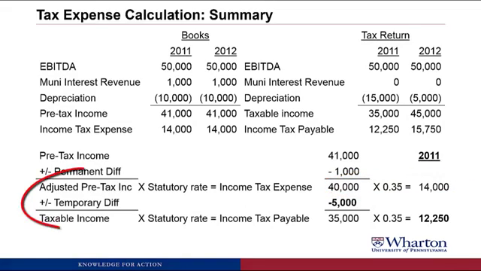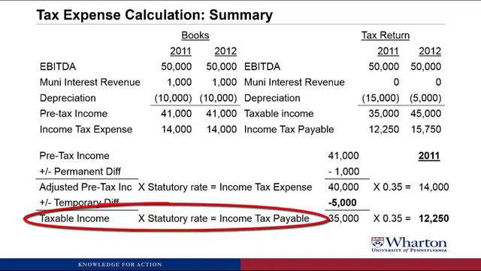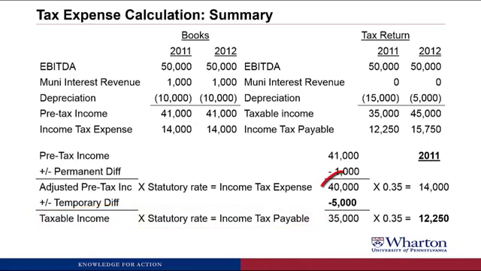Then if we take the adjusted pre-tax income and adjust for temporary differences, we get taxable income. Taxable income times the statutory rate gives you the income tax payable. So again, in 2011, $40,000 of adjusted pre-tax income minus the $5,000 difference in extra depreciation gives us taxable income of $35,000 times 35% gives us the income tax payable of $12,250.